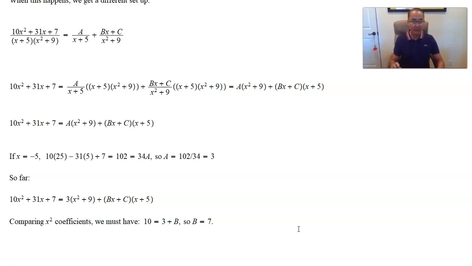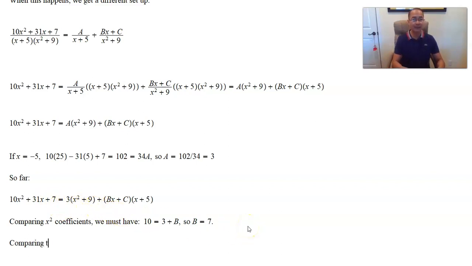Wonderful. So we are now just missing the c. And how are we going to get the c? Well, c is a constant. So how about c times 5? That's the only place where you will get a constant from this pair, c times 5. Everything else has an x. So on the left, that's the constant term. On the first term, we get 3 times 9, 27.